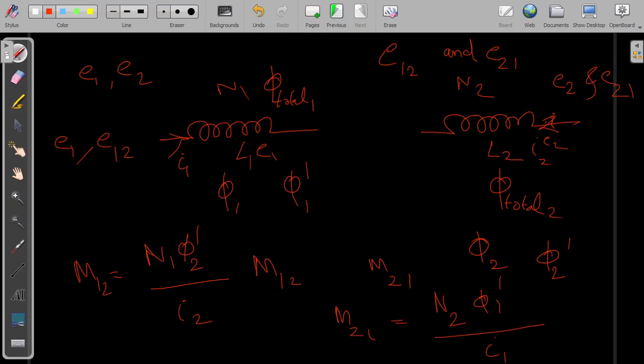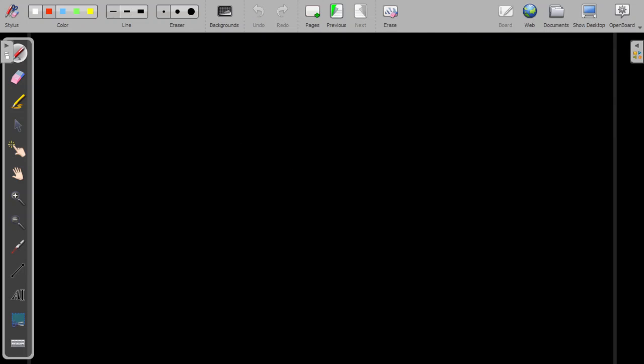So this is all about mutually induced EMFs and mutual inductance. Now we have the coefficient of coupling. The next important term in this topic is the coefficient of coupling, or coupling coefficient.